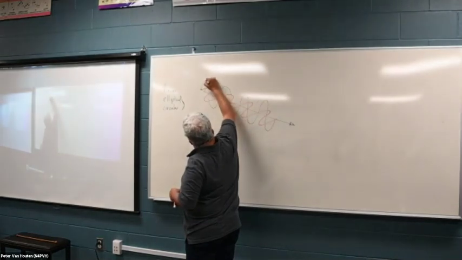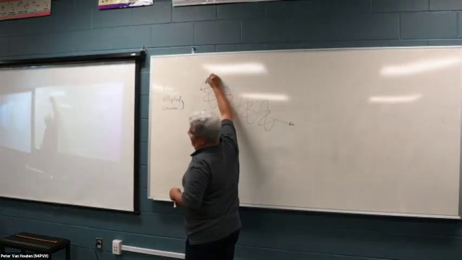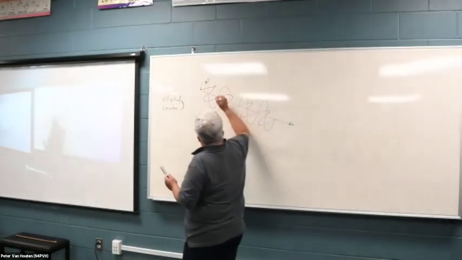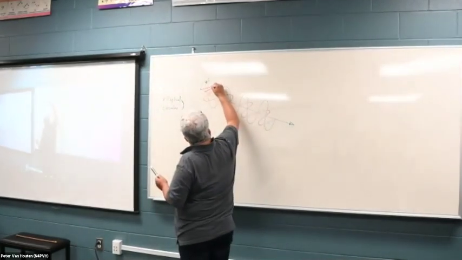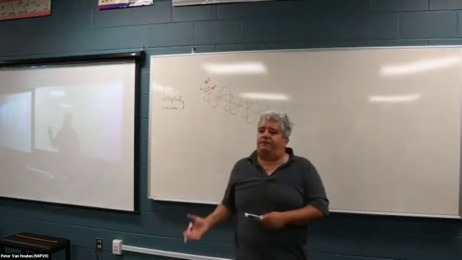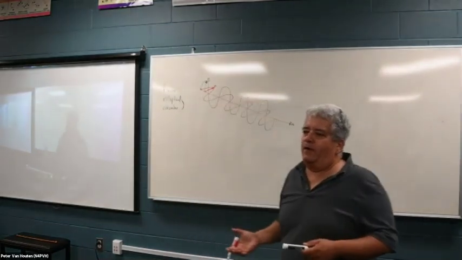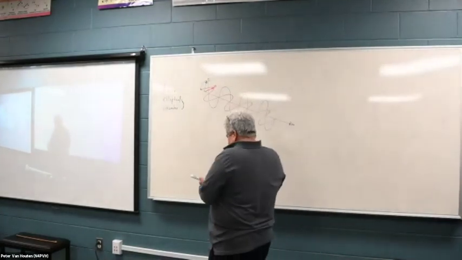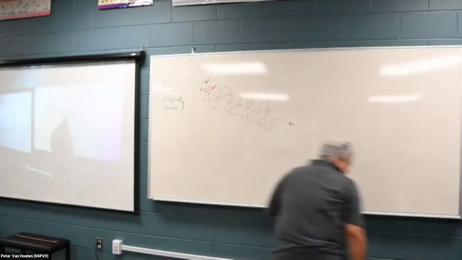So at a given moment, this is a vector that shows what is the amplitude of the electric field. And there's another vector showing what is the amplitude of the magnetic field of the electromagnetic wave, the EM wave. And there's a resultant to this.